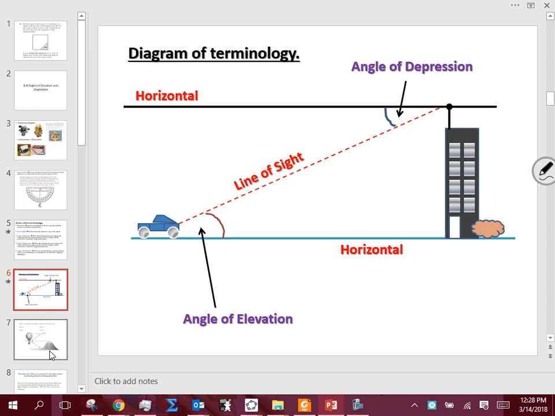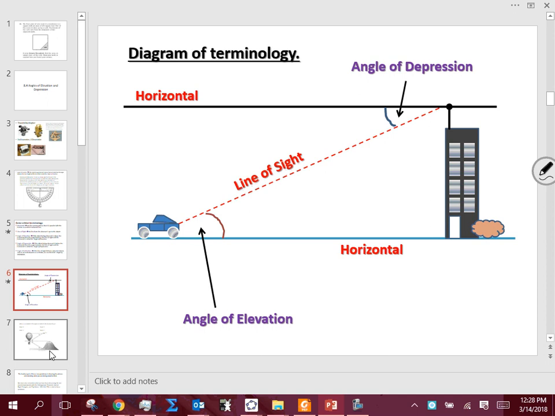And so this is a diagram, just a general diagram of where these objects, this terminology, exist, okay? Every scenario that we use is going to be somewhat symbolic to this, or represent this, or resemble this in some fashion.